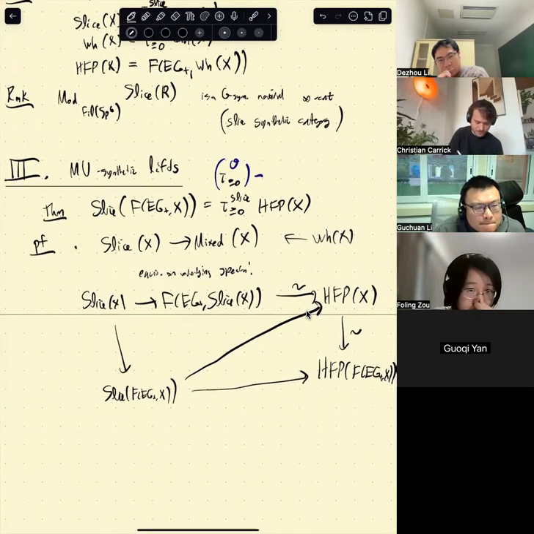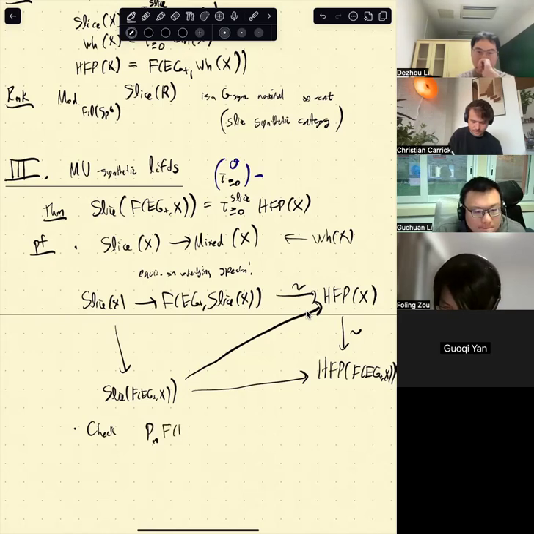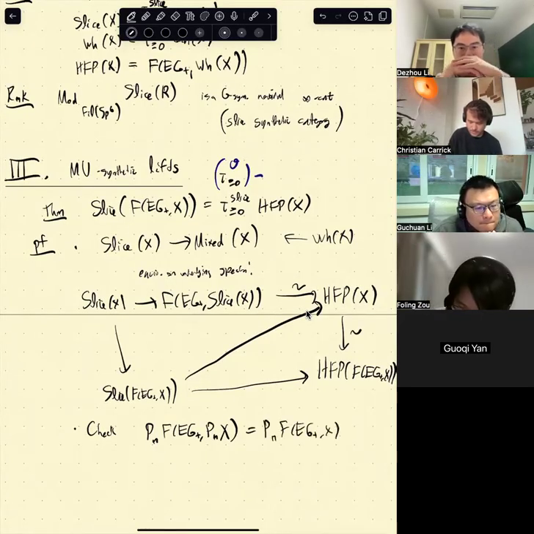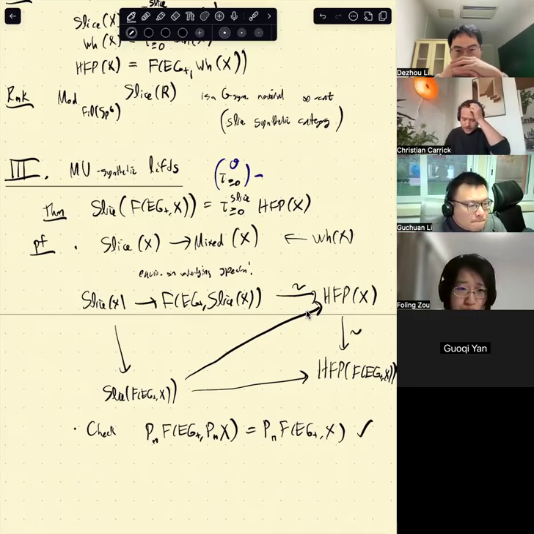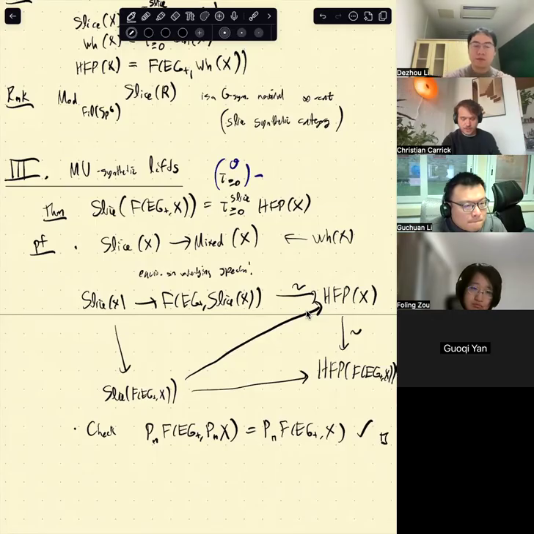And let me just say the key input to checking that. You check that if I take the slice cover, the Borel completion of the slice cover, this is the same as the slice cover, the Borel completion. Okay, this follows straight from the definitions, and it's easy to check, and then that's the proof of this. So somehow there's not actually something so hard once you have this definition in place to check this theorem.